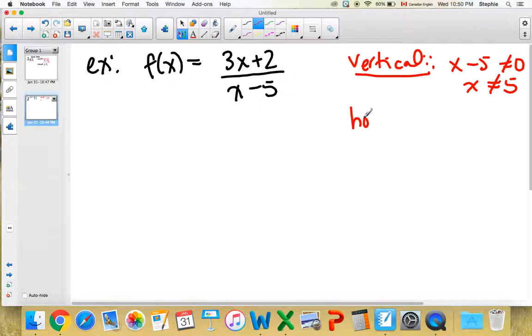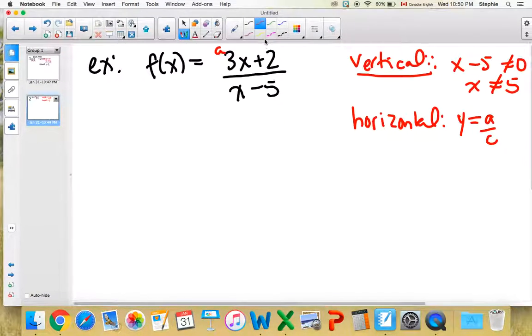And my horizontal is literally going to be, since my a is 3 and my c is 1, y is equal to a over c. So remember, this is the a, that's the b, this is the c, and this is the d.